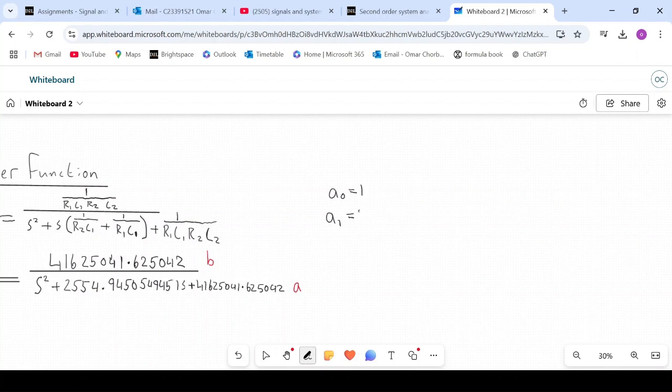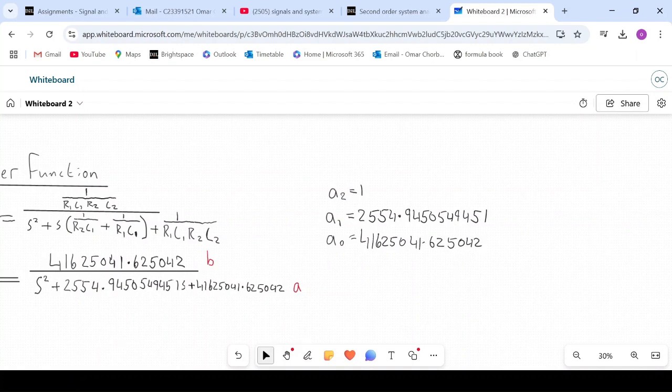So A2 equals 1, A1 equals the middle number there, 2554.945, and A0 will be 416250.41.